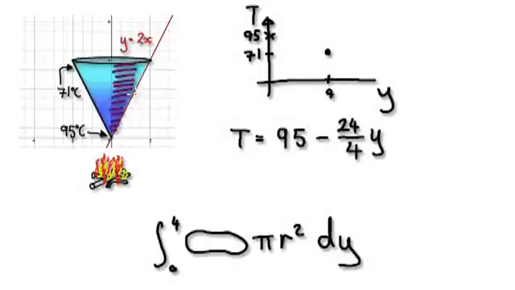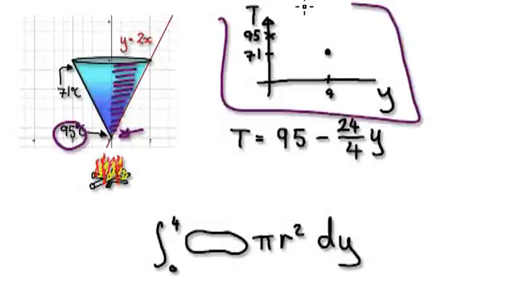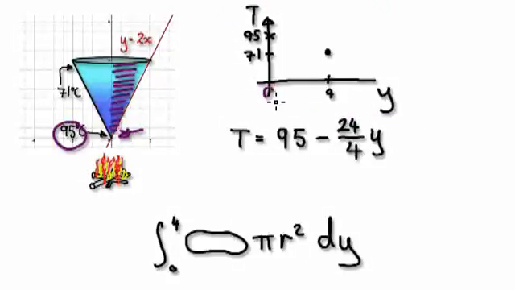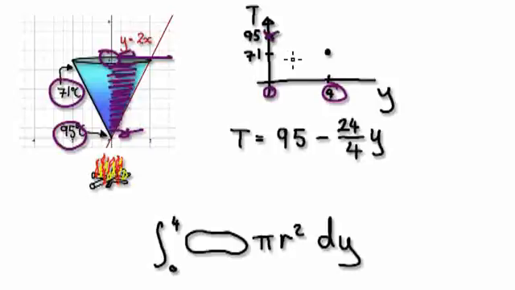We need to set up the temperature in such a way that when y is 0, the temperature is 95. And then when y is 4, the temperature is 71, which is 71 here.